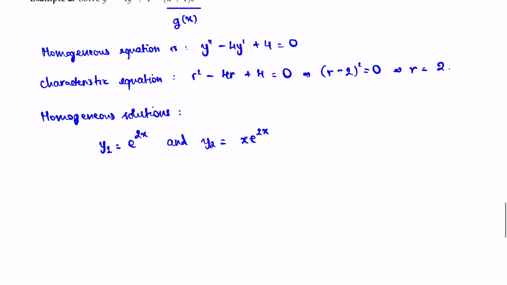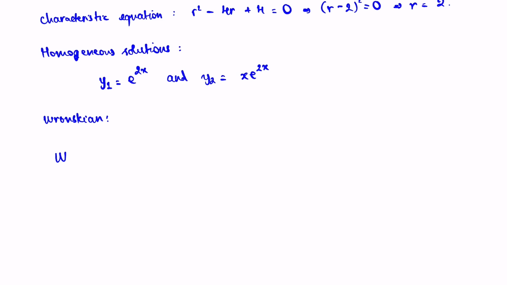Now the next step is to calculate the Wronskian of the two solutions, y1 and y2. So the Wronskian W of y1, y2 is equal to the determinant of y1, y2, y1 prime, y2 prime.